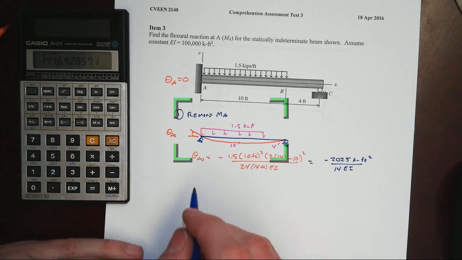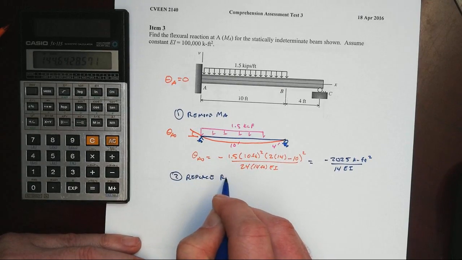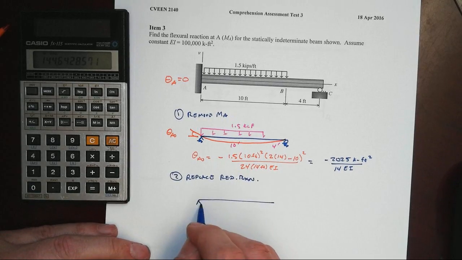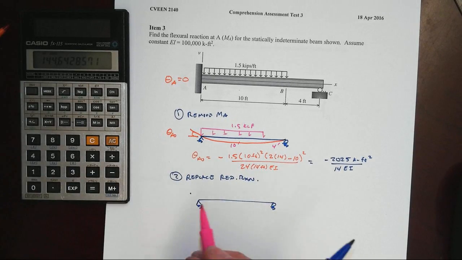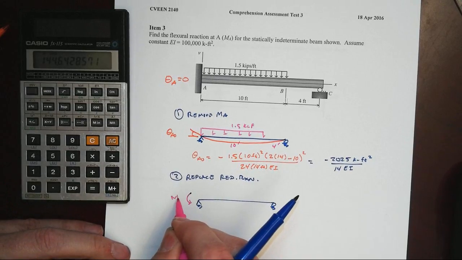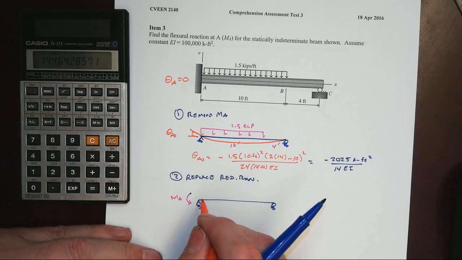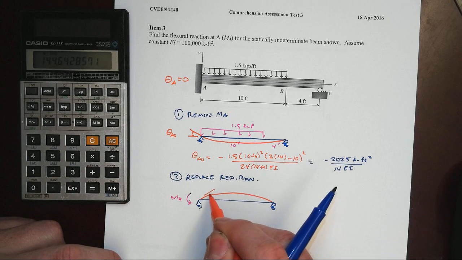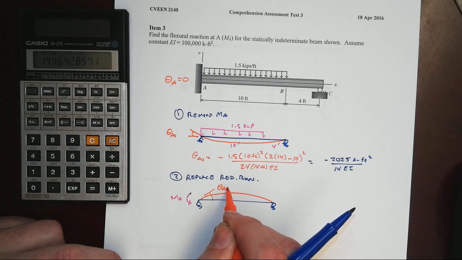Then we're going to come along and replace the redundant reaction. And so we'll impose a moment that will pop things in the other direction. That's our moment at A, and that will cause a frowny face curve like so, and we want to go figure out what that theta right there is due to our redundant reaction.